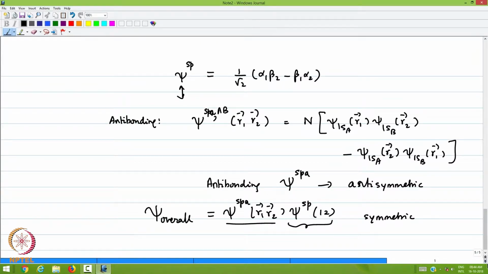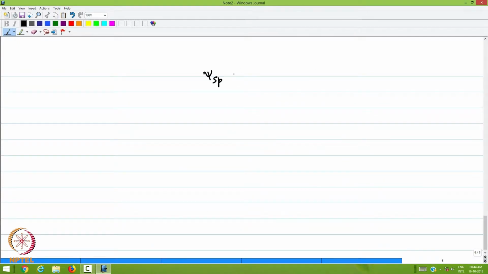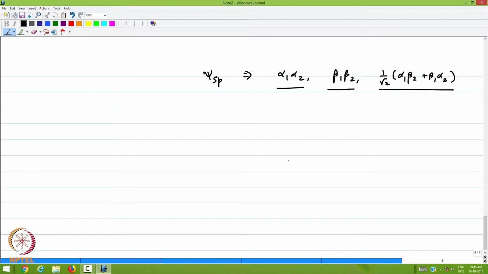Therefore, you see that there are 3 possibilities for the psi SP, namely alpha 1 alpha 2, beta 1 beta 2, and 1 by root 2 alpha 1 beta 2 plus beta 1 alpha 2. All 3 of these have an angular momentum I equal to 1 and the projection quantum number m equal to 1, minus 1 and 0, in this order. Therefore, psi SP for an anti-bonding case should be like this.